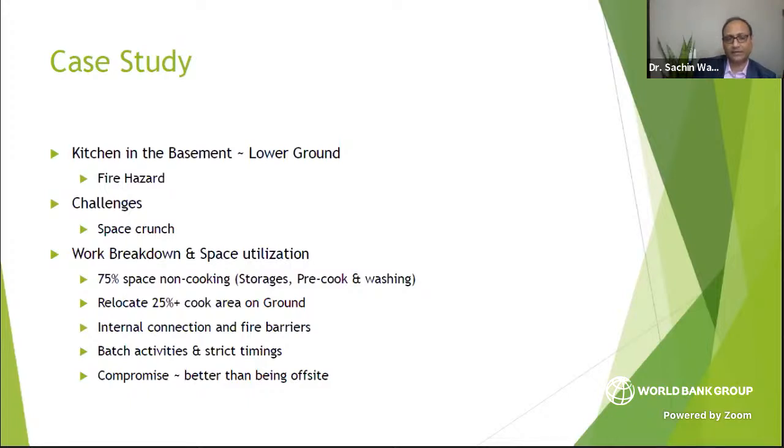So we had batch activities for the kitchen internally, and strict timings that were to be followed. This was definitely a compromise, but far better than having the kitchen offsite, wherein you would have pre-prepared food brought to the hospital. So this is how we try to achieve efficiency and compromise by some internal relocation and application of functions.